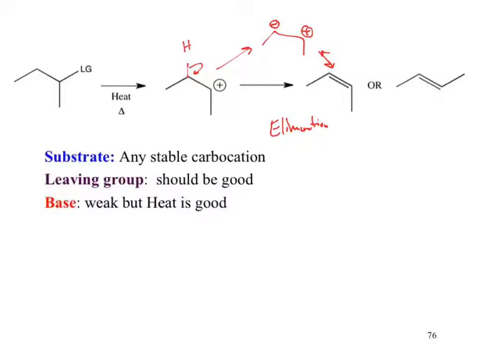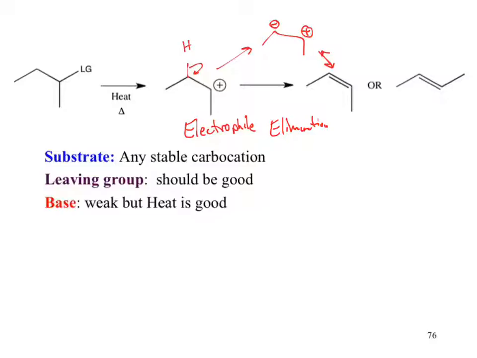The general term for a positively charged species is an electrophile elimination. 9 times out of 10 when we're looking at our electrophile elimination, the electrophile in quotes is H+. It's a proton. Okay? But there are other cases where you could eliminate something else, which is why they're using the term electrophile elimination. It's a little bit sketchy, but that's where it's coming from. Okay? So we could potentially go through and use a base to do that.